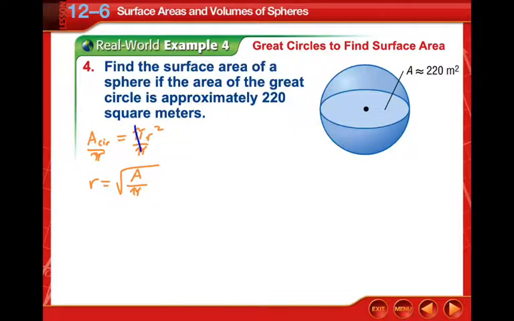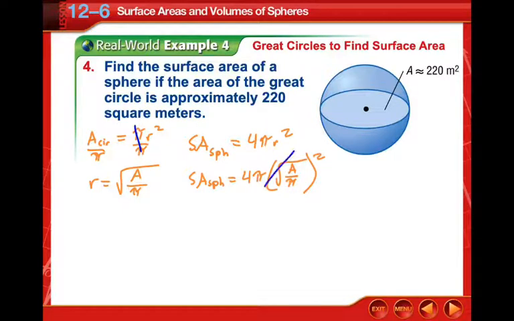So now what we want to do is find the surface area of the sphere, which is 4 pi r squared. So we plug in our new radius equation, just like we did before: square root of the area over pi. Now typically I wouldn't leave it like that, but I know what I'm about to do is square it. So that cancels out my square root.